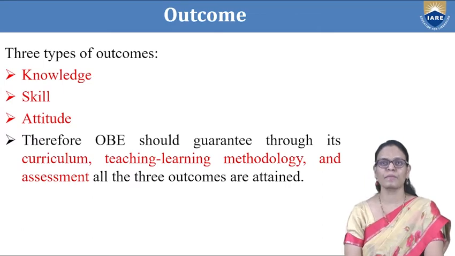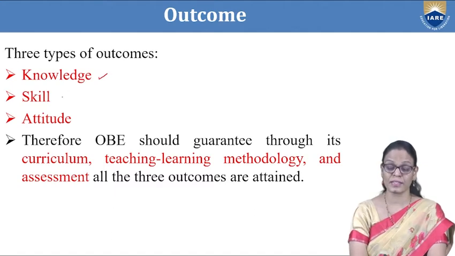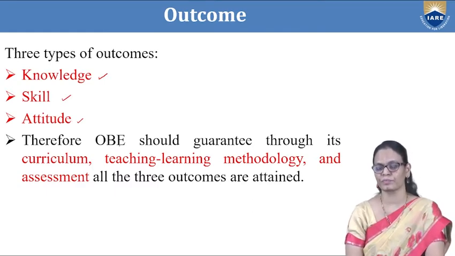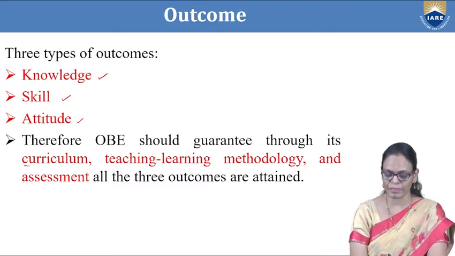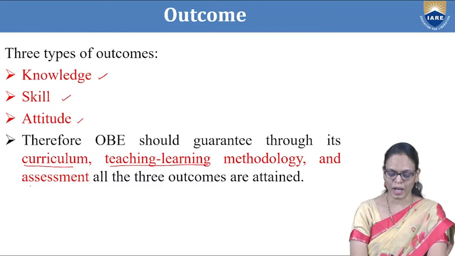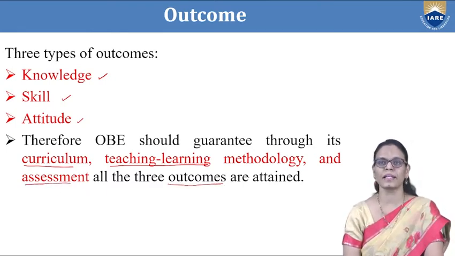Now, there are three types of outcomes. The first one is knowledge-based outcome, then skill-based outcome, and then attitude-based outcome. Therefore, OBE should guarantee through its curriculum, teaching learning methodology, and assessment that all three outcomes are attained.